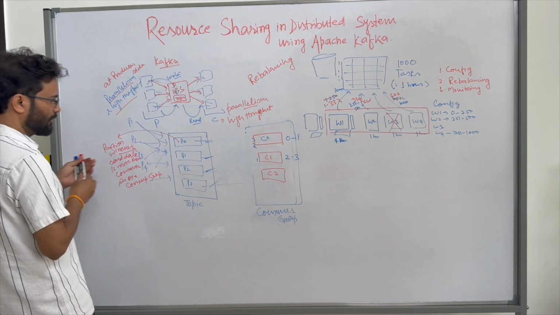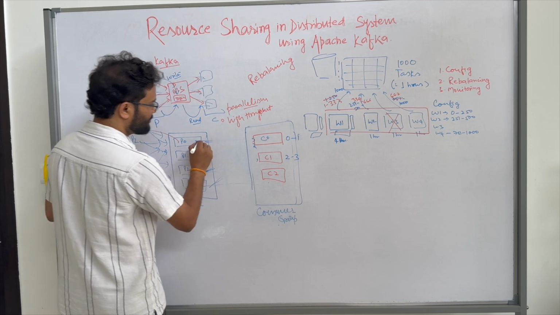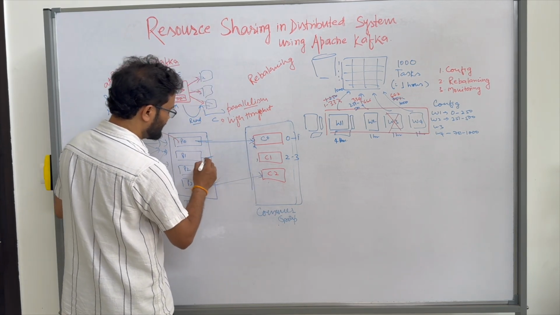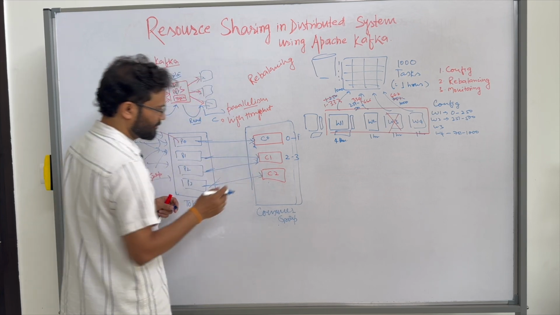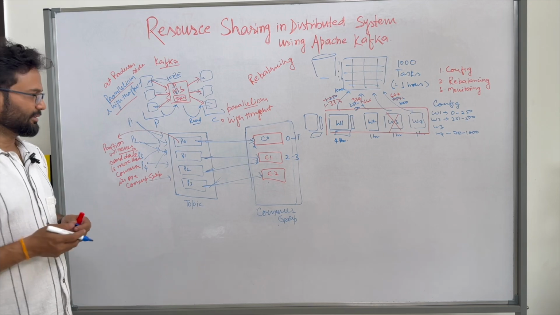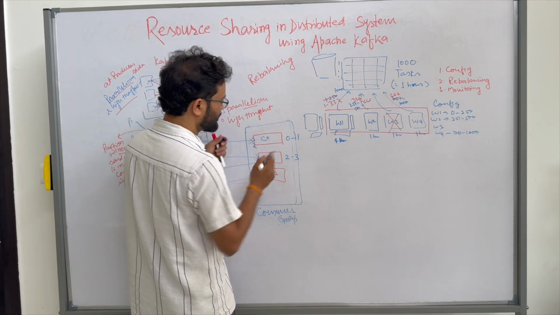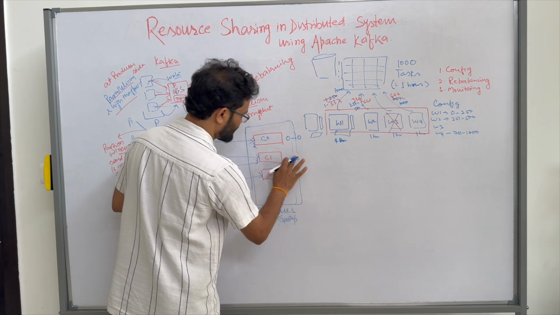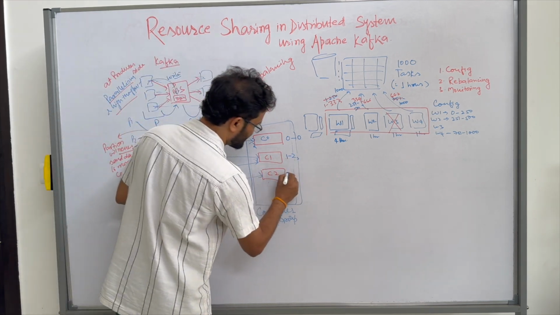So how will the rebalancing happen? This will go here, this will go here, this might go here or this also might go here. We don't know. That could be anything. So as per this diagram, these guys will get only one partition, partition 0. These guys will get 1 and 2, and this will get 3.